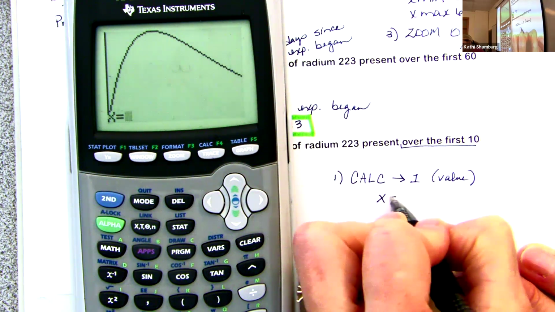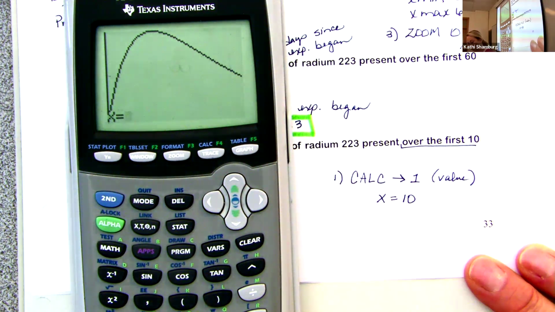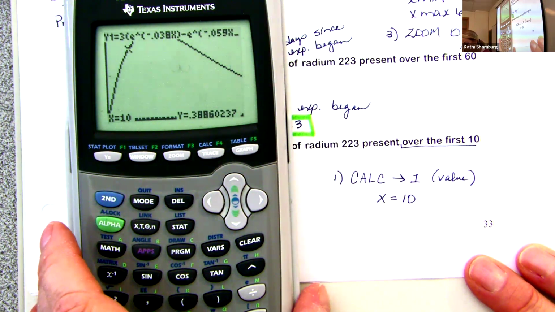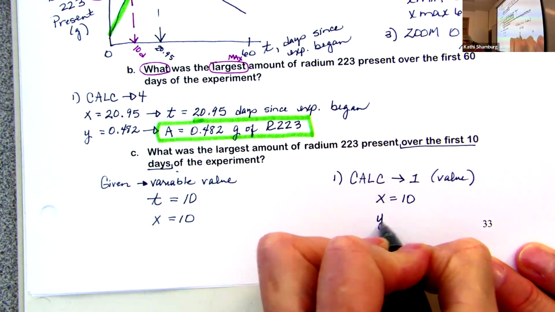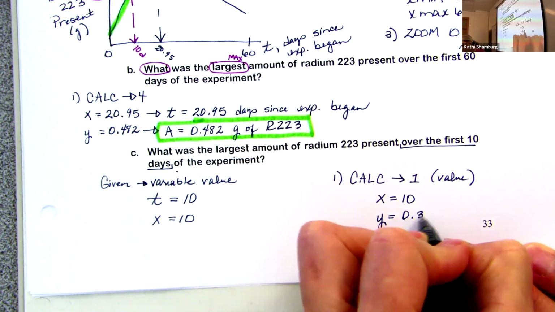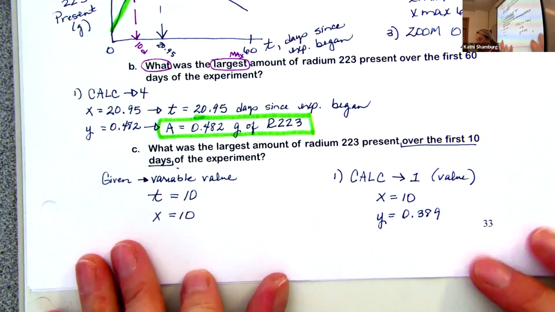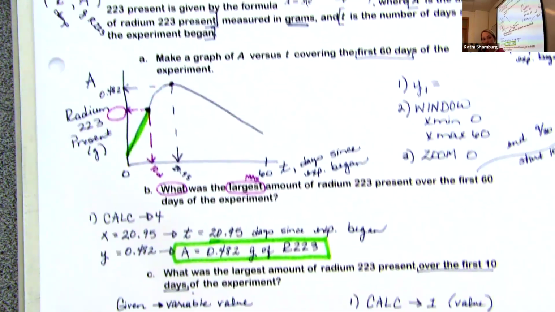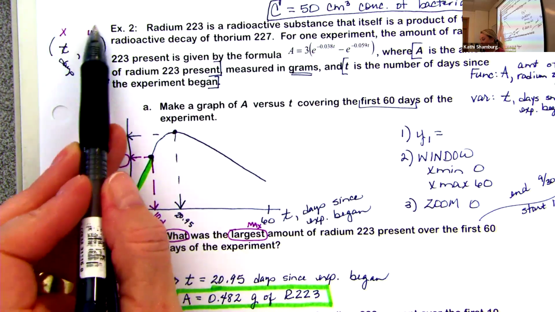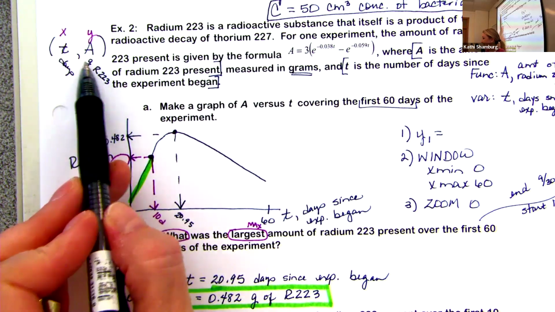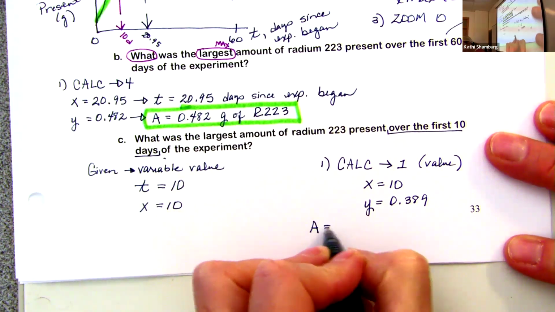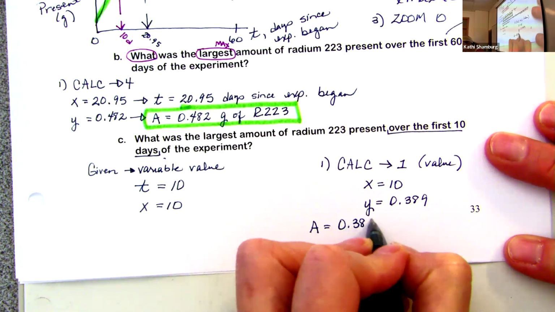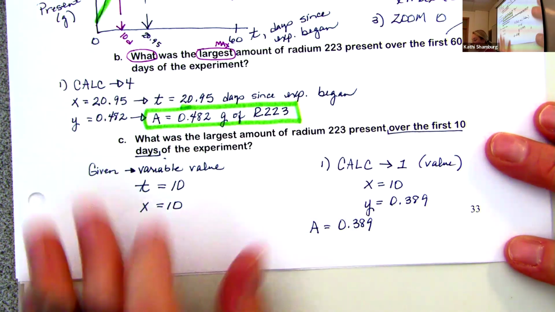So I'm going to enter x equals 10, and hit enter, and it gives me y equals 0.389. But for purposes of this problem, my y is the function A. So I'm going to write this as A equals 0.389. And then how do I label what A is?